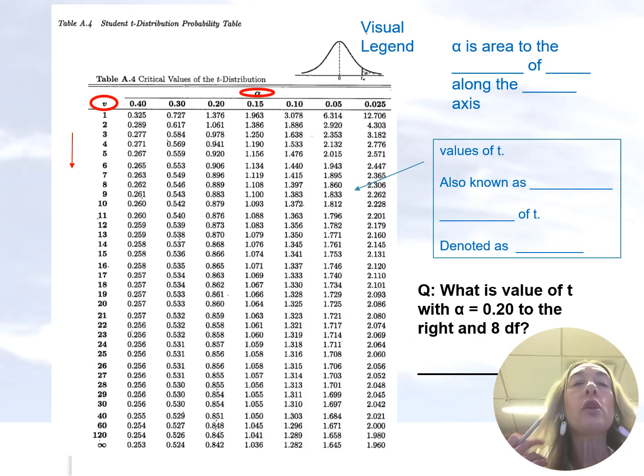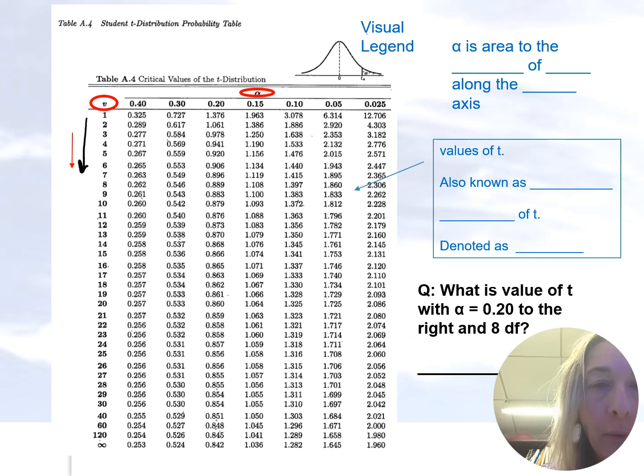Okay, so this is the table of critical values of the t-distribution, or more simply, the t-probability table. I want to point out a few key things about it first. Down the left-hand side of this table, you have your degrees of freedom.